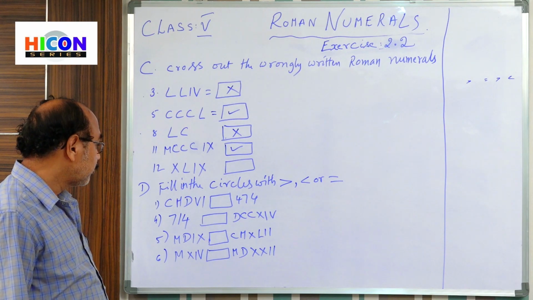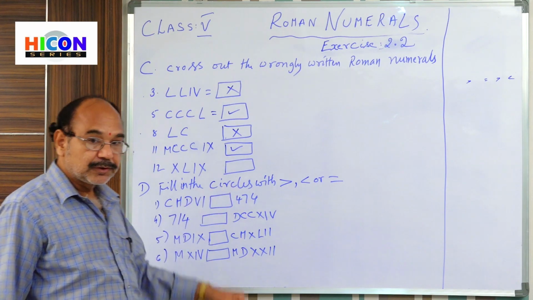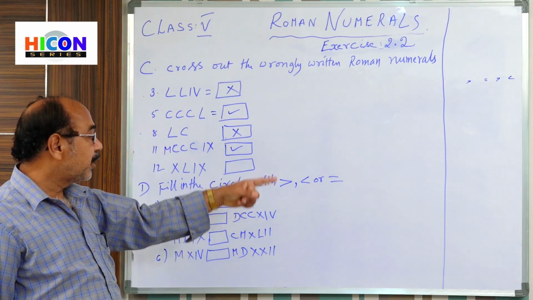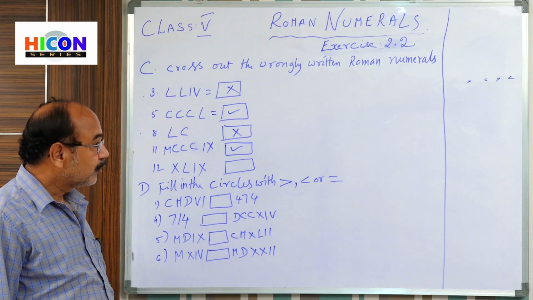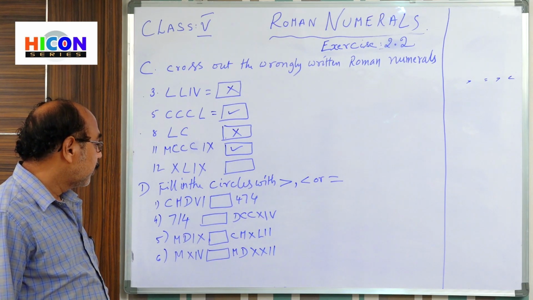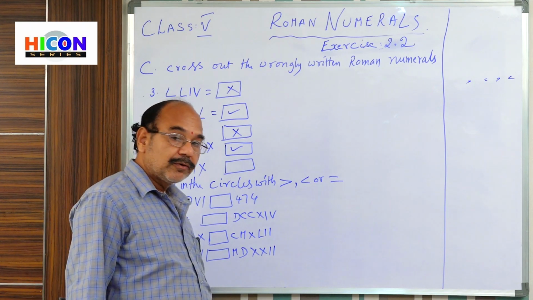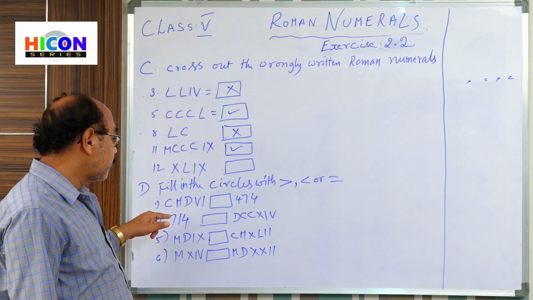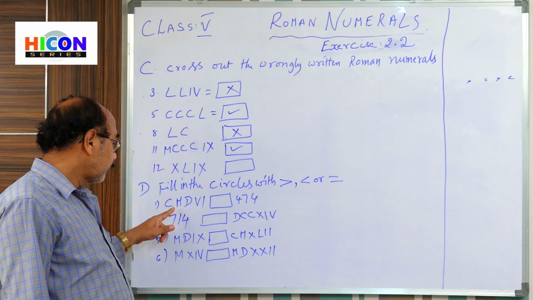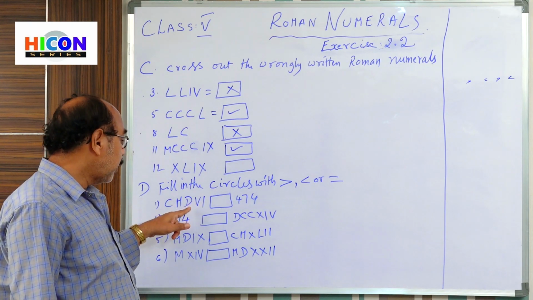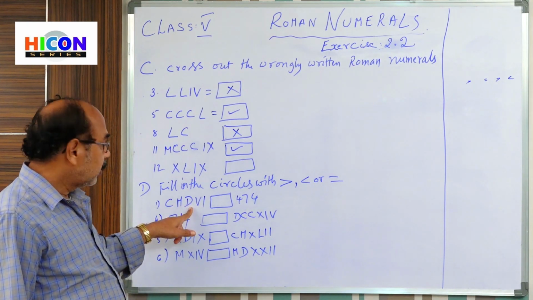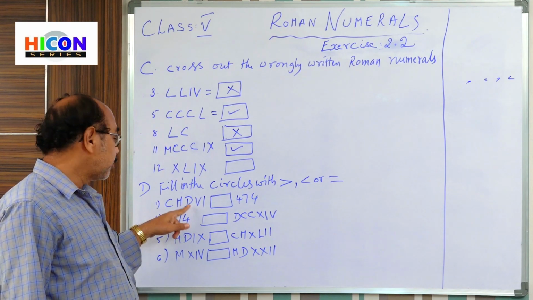Next one, see. Fill in the circles with greater than, less than or is equal to. Okay. First of all, we have to see what the Indo-Arabic number is for the Roman number.